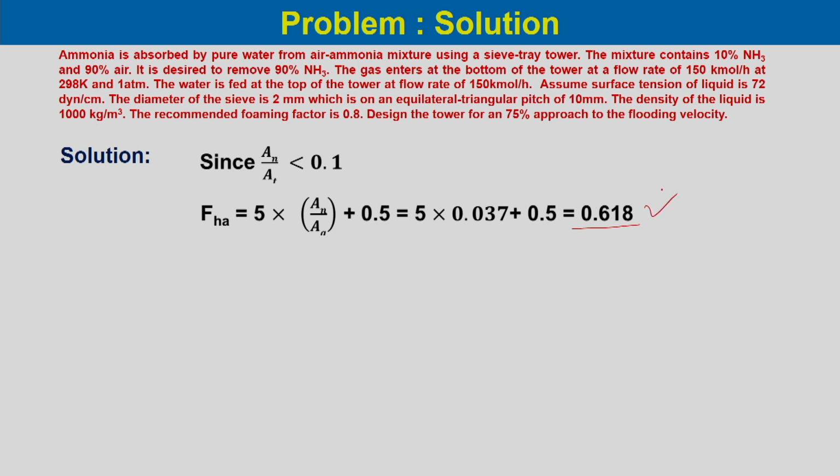So, FHA we can calculate, and then FST would be equal to sigma L divided by 20 to the power 0.2. Sigma L which is given over here is taken as 80 dynes per centimeter. So, 80 divided by 20 to the power 0.2, which is equal to 1.92.